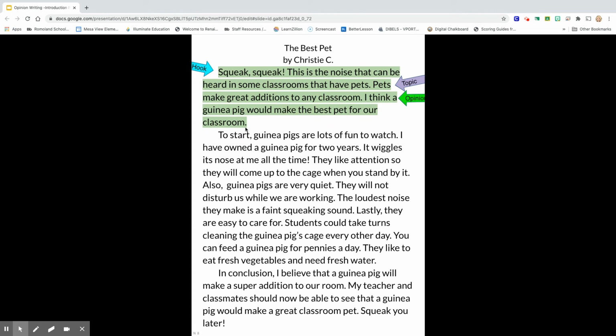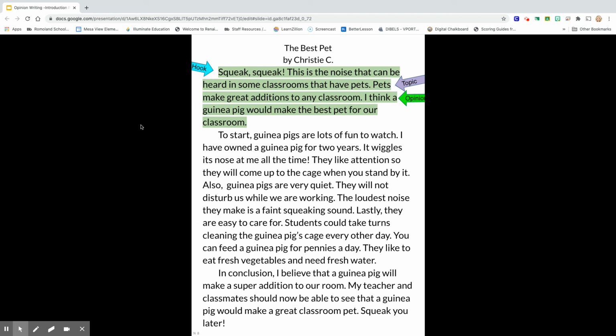Now keep in mind, this is just the very first paragraph. Of course, there is also our body paragraph and conclusion, but for today, we're only focusing on that very first introduction paragraph that introduces the reader to what we're going to be talking about and what our opinion is.